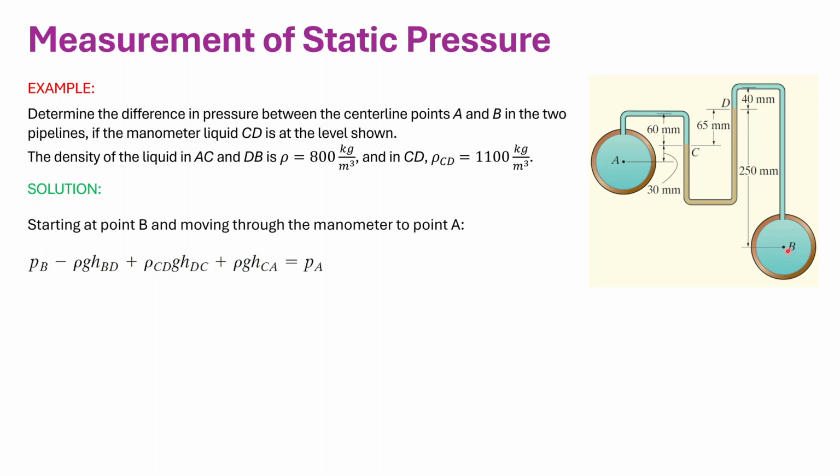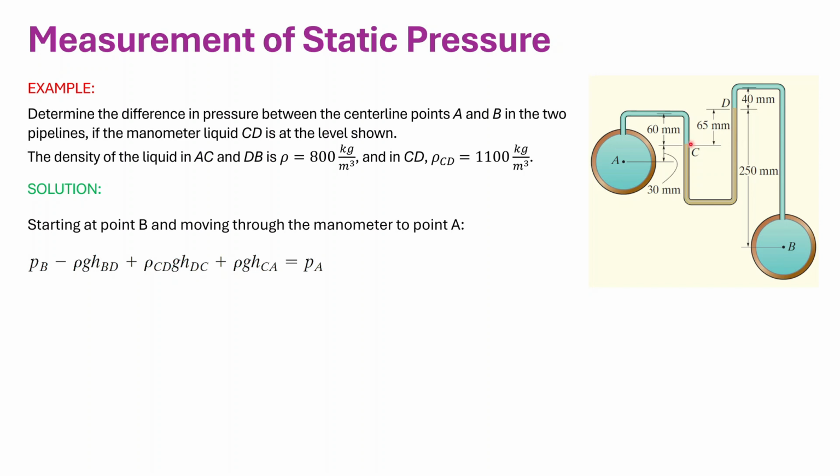PB minus rho g h BD, which is from here to here. We are going up, so it's negative. We can go from here to here, plus rho CD times g times h DC, which is from here to here.